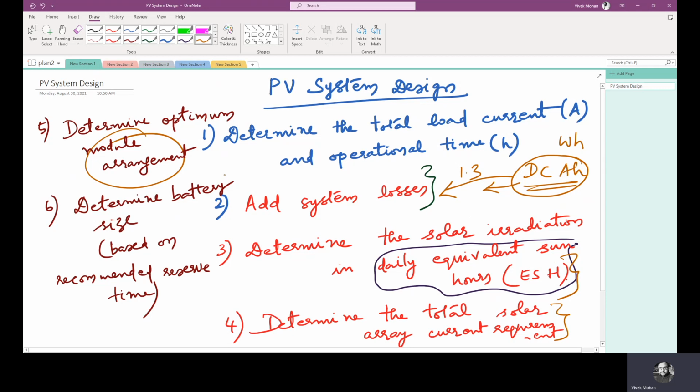Then we find the battery size based on the recommended reserve time, and also based on the percentage of capacity that should be used from the battery for safe operation. So that's all with PV system design. Thank you.